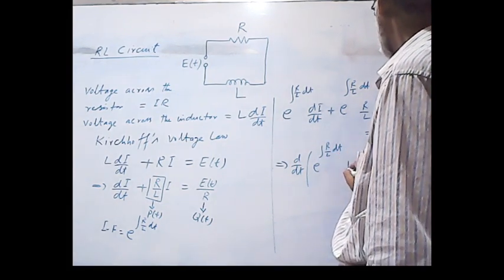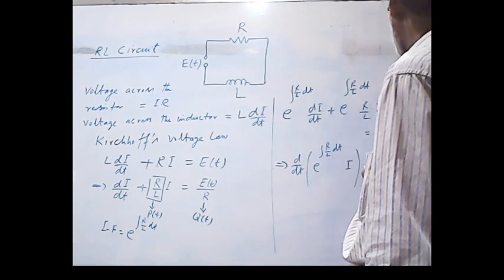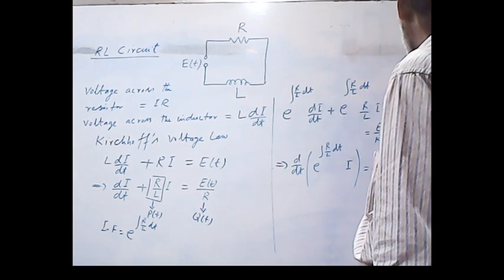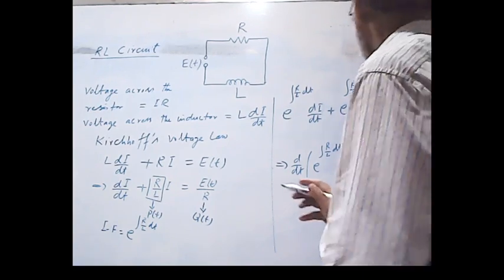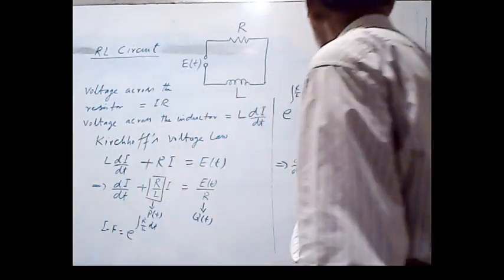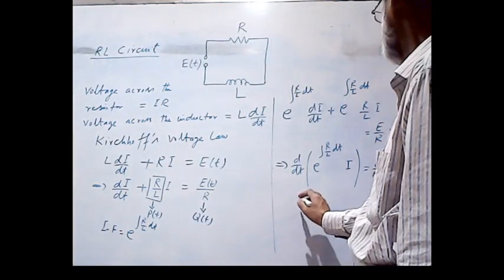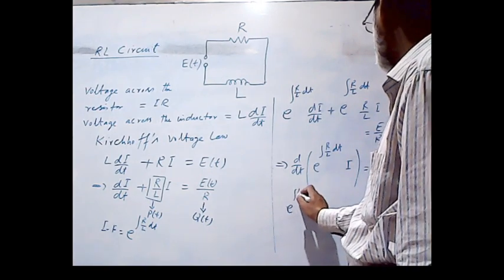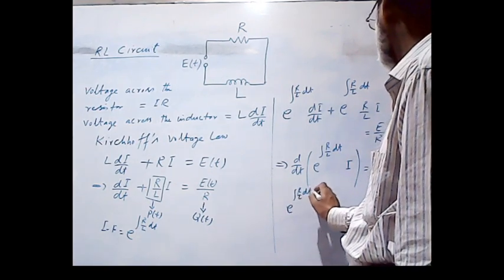So the left hand side becomes d by dt of the integrating factor e to the power R upon L t times I, the dependent variable, is equal to E upon R integral of e to the power R upon L dt.